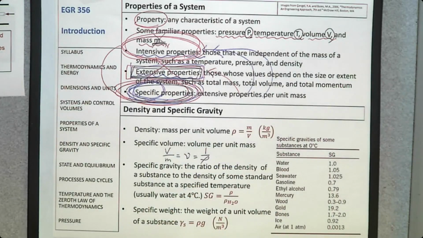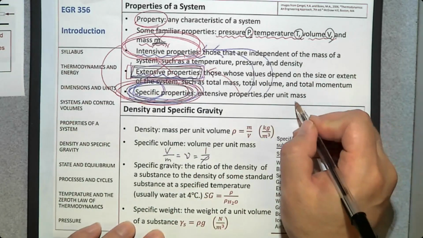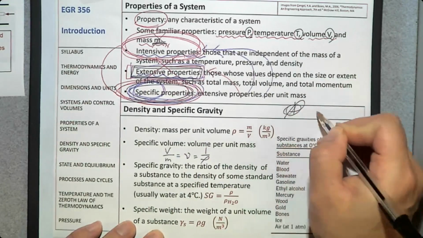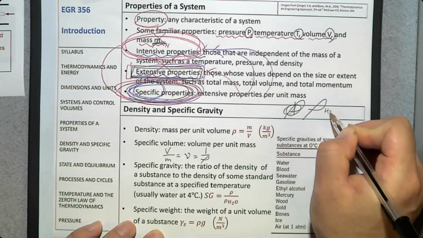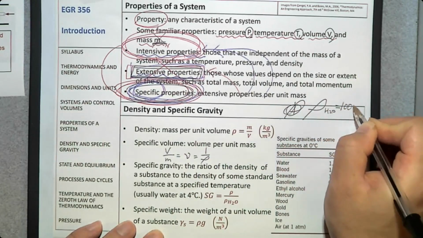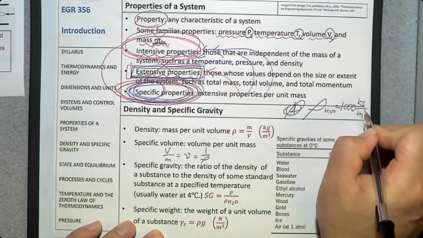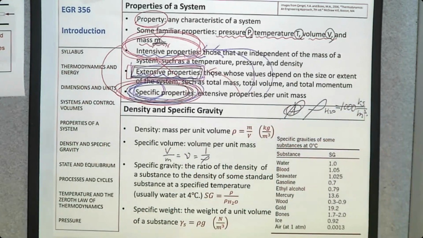And what is the density of water? 1,000 kilograms per cubic meter. The density of water in this classroom is going to be 1,000.